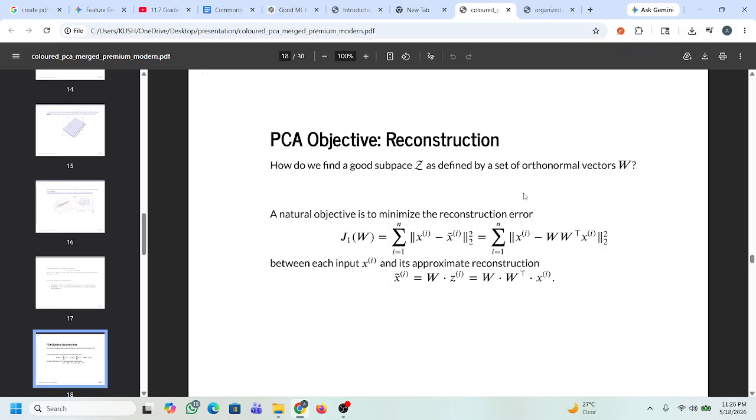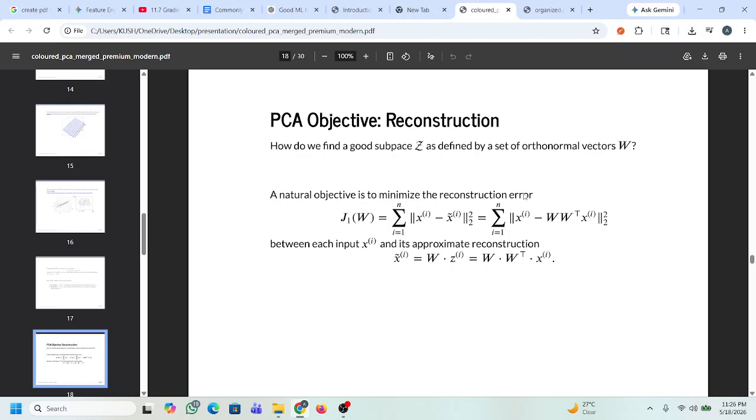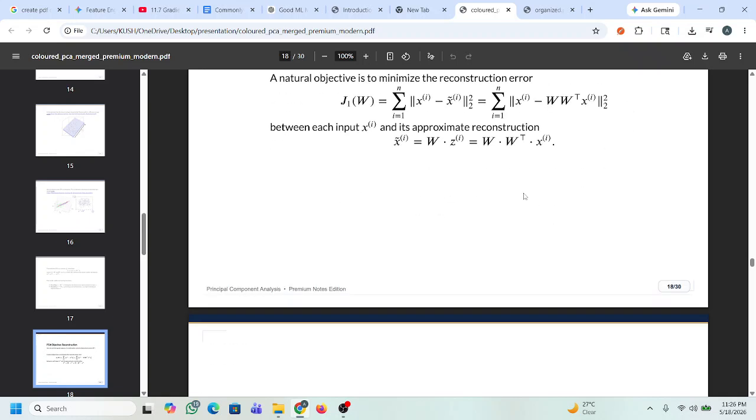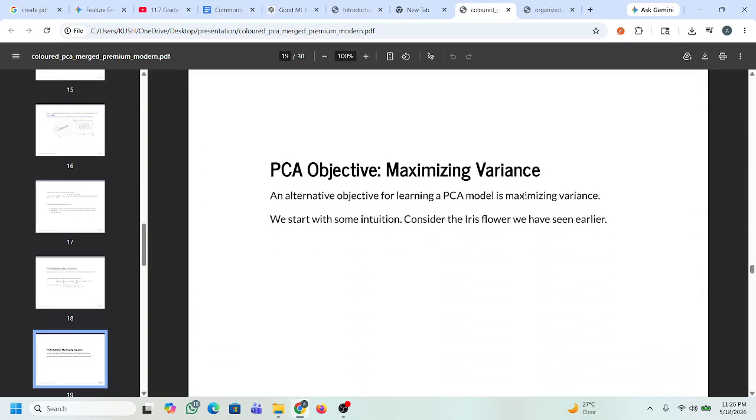The reconstruction error objective function J1(W) is the sum for i equal to 1 to n of the squared norm of Xi minus Xi tilde. For Xi tilde I can write W W transpose Xi, the approximate reconstruction of each Xi. So this is my first reconstruction error.